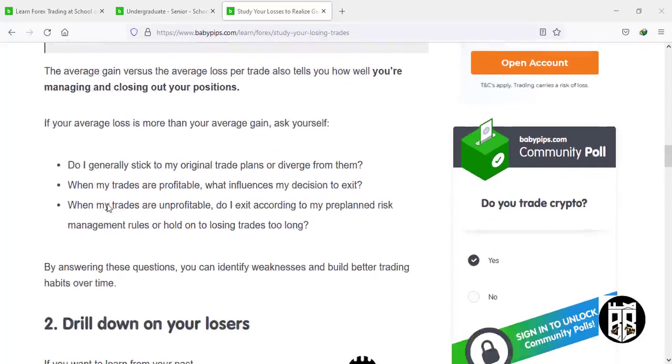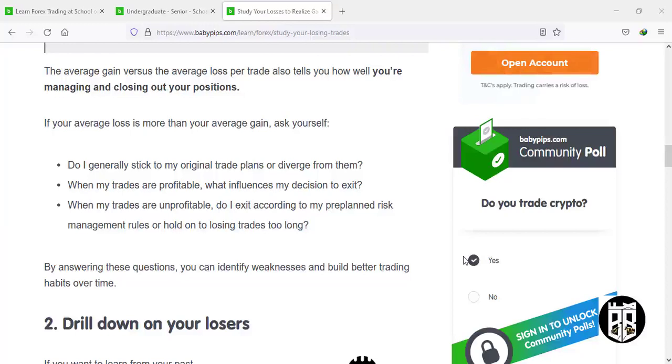Now the average gain versus the average loss per trade also tells you how well you are managing and closing out your positions. So if your average loss is more than your average gain, ask yourself: do I generally stick to my original trade plans or diverge from them?